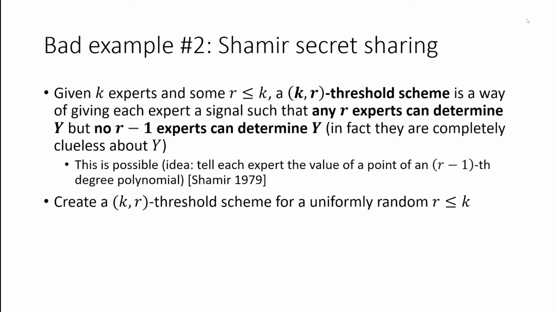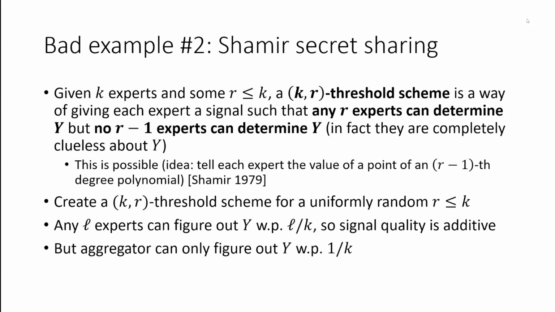Now, in particular, we will create this sort of information structure for a uniformly random r between 1 and k. And what this is going to do is make it so that any L experts can figure out y if and only if r is less than or equal to L, which means that they will be able to figure it out with probability L over k.